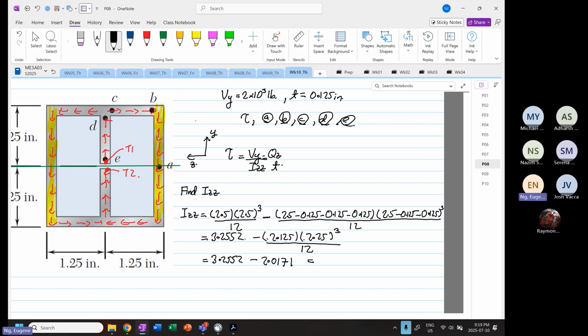So 3.2552 minus 2.0171 is equal to 1.2381 inches to the power 4.